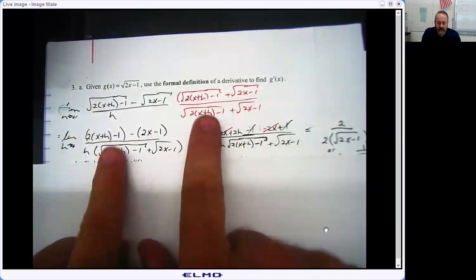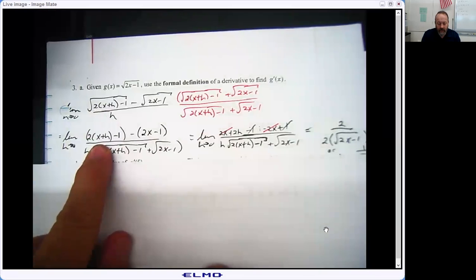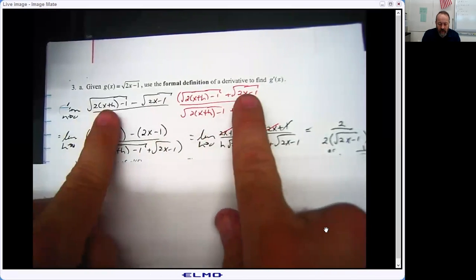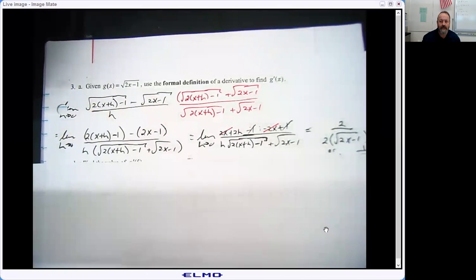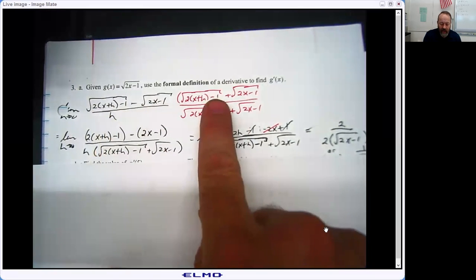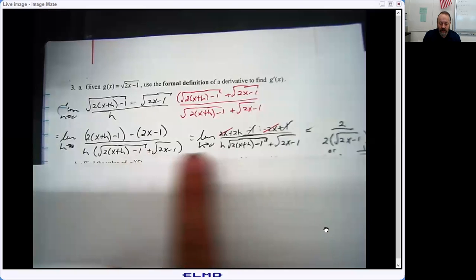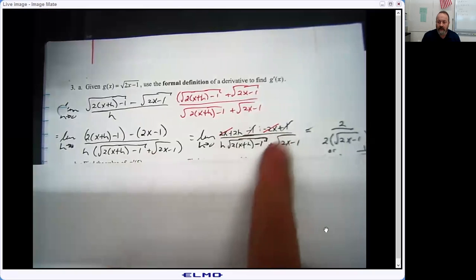But the cool thing is when you distribute, these two pieces create that piece. These two create that, and the outer and inner portions of our full distribution just cancel out, which is why we did it. So in one step, it looked really bad, and it started getting better. Of course, a little distribution, you can see it even getting better as the 2x's and the 1's go away.